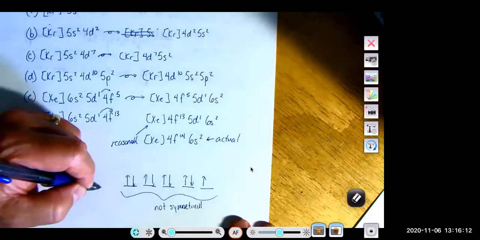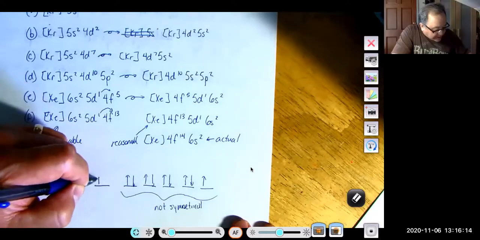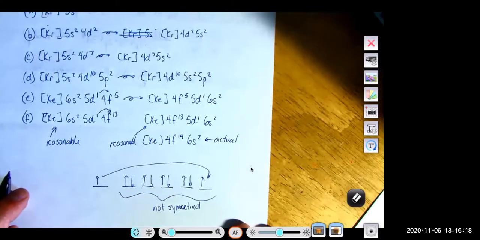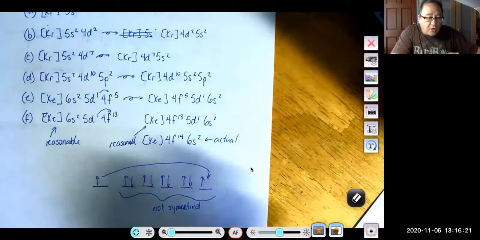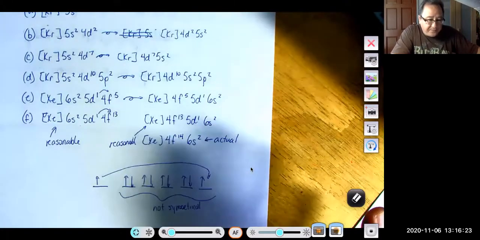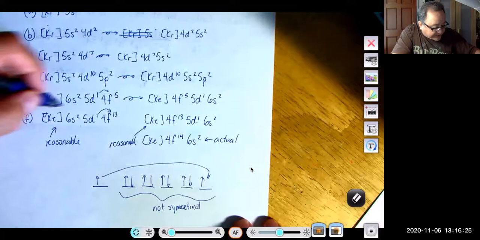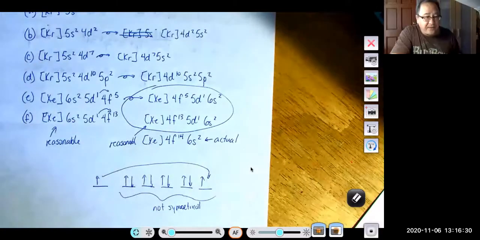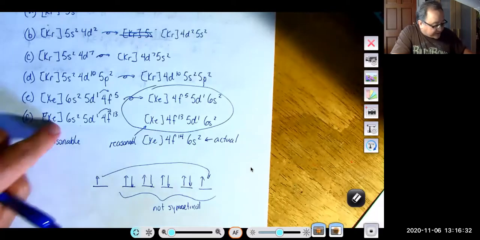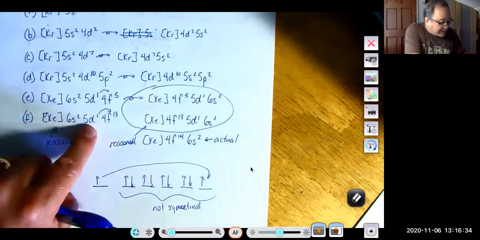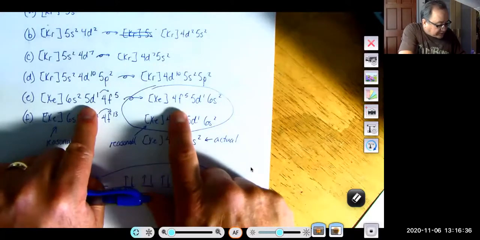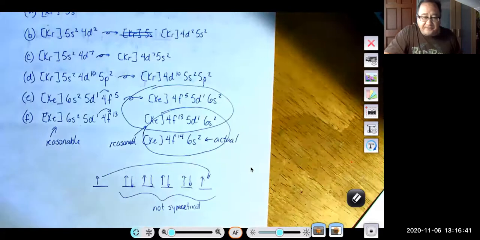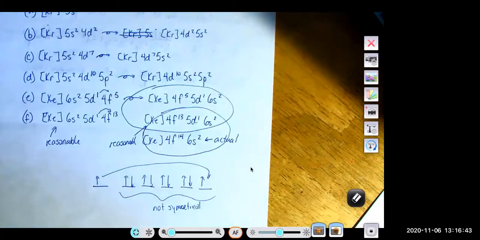So sometimes you would take a single electron here and stick it over here. Now, you're not responsible for knowing which elements are weird. You're responsible for getting a reasonable electron configuration. Between these two, there's only one electron difference.